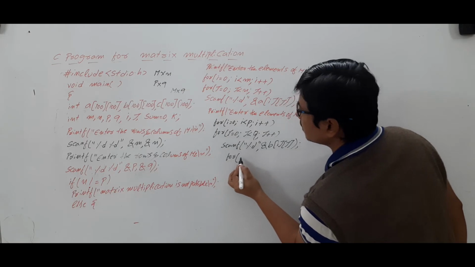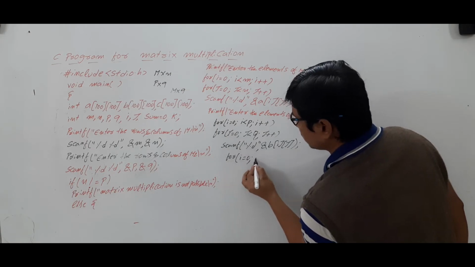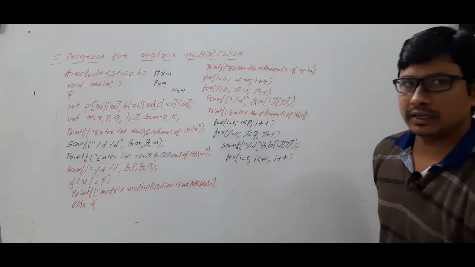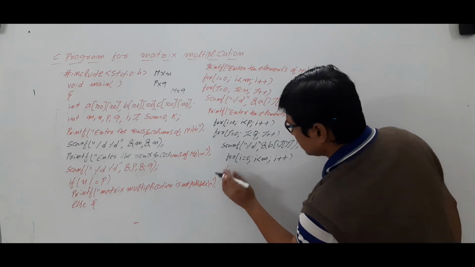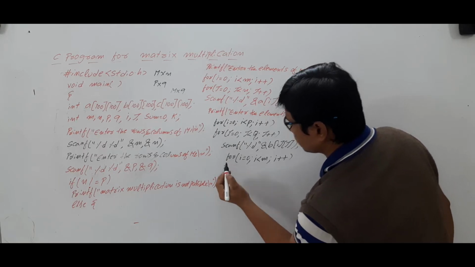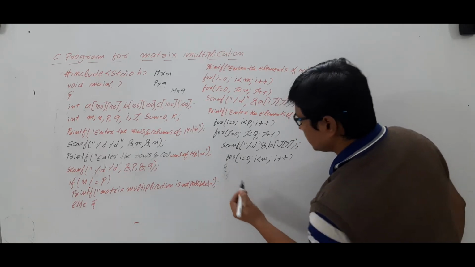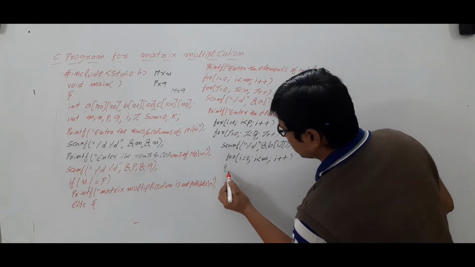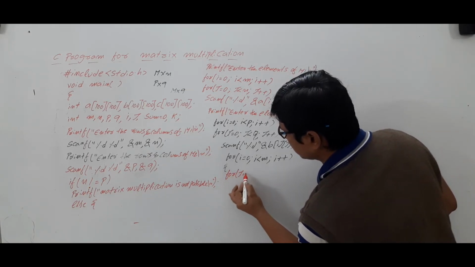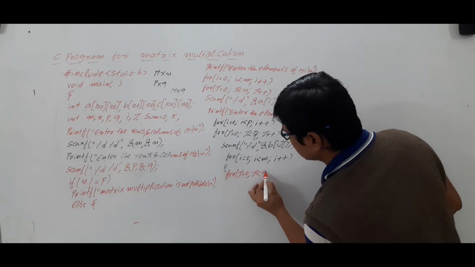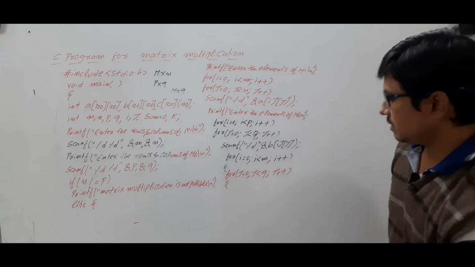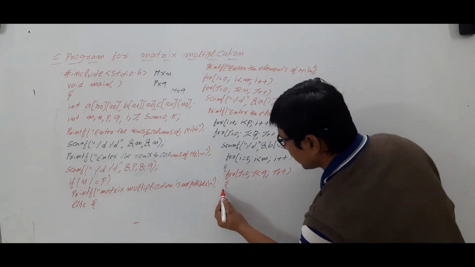For i is equal to 0, i less than m, i plus plus. Let me open the braces. For j is equal to, sorry, the marker is not writing. Let me use the red marker. For j is equal to 0, j less than q, j plus plus. Then I will use another loop.